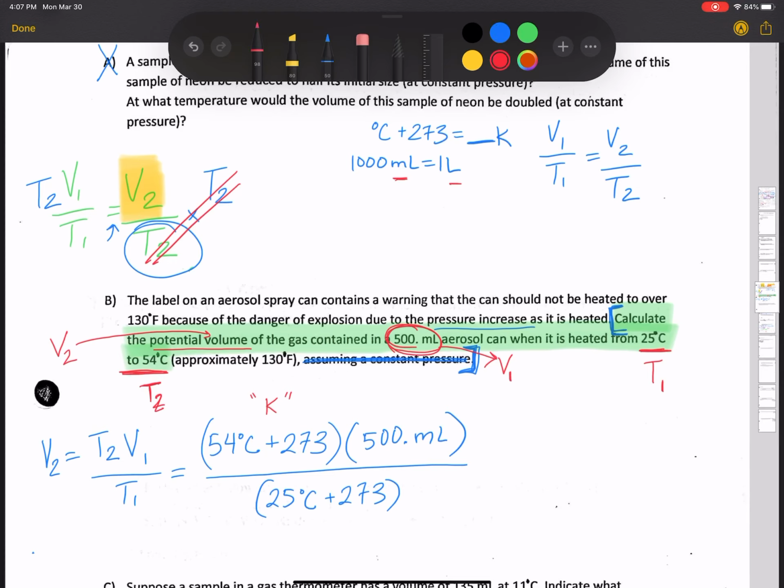And so just like last time, adding 273, I'm now in units of Kelvin. So I'm doing that to confirm for us my remaining unit for my question. If I have Kelvin in the numerator and I have Kelvin in the denominator, those two units have canceled each other out. The only unit I'm remaining with is milliliters. So if I go now to my calculator.